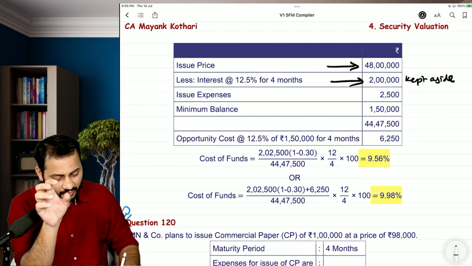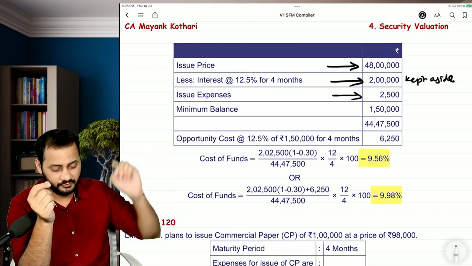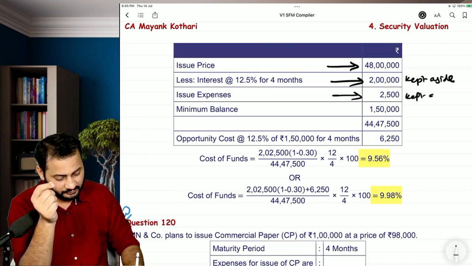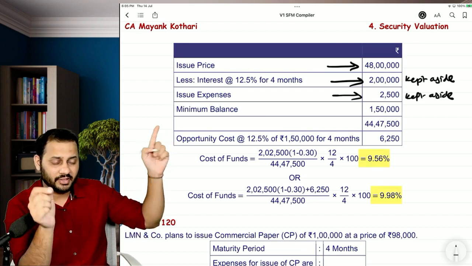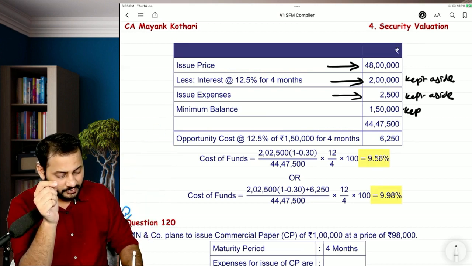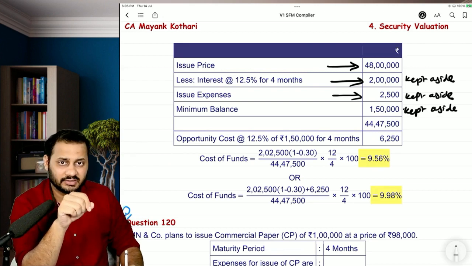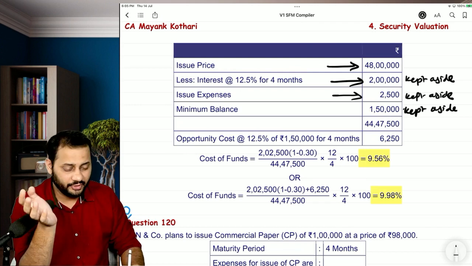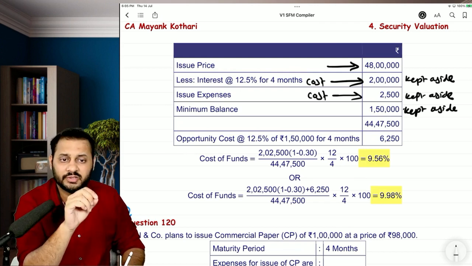Out of that, 2500 was paid as issue expenses. Okay, this is kept aside. Also, the minimum balance that was required to be there in the bank balance is kept aside. Out of all these three things which you cannot use, this was the cost and this was the cost on which there will be some tax saving.